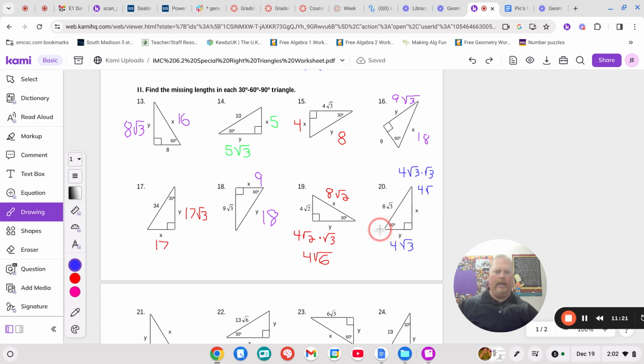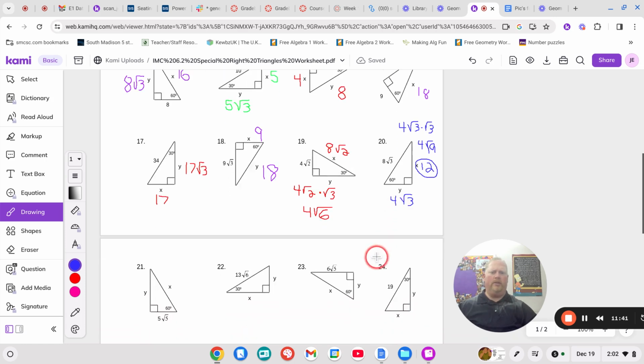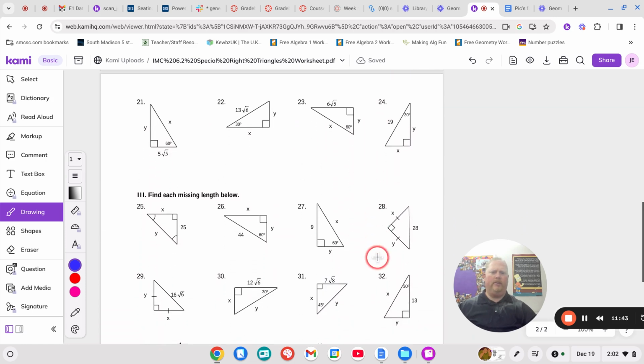Well, that's an ugly 9. Let's try that again. And of course, square root of 9 is just 3. So 4 times 3 would give me 12. Final answer.